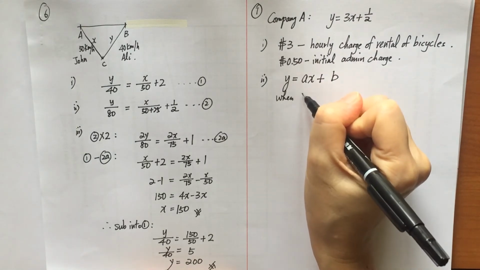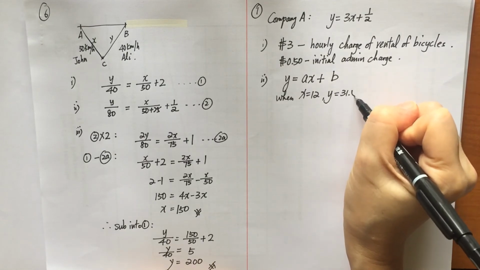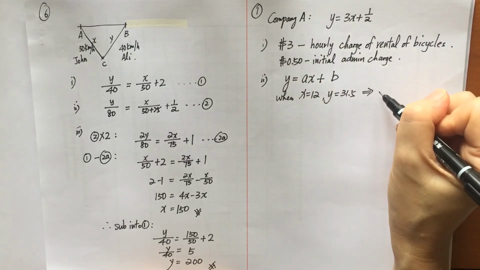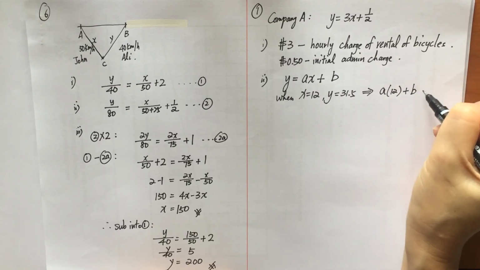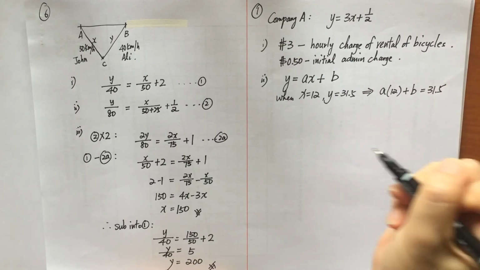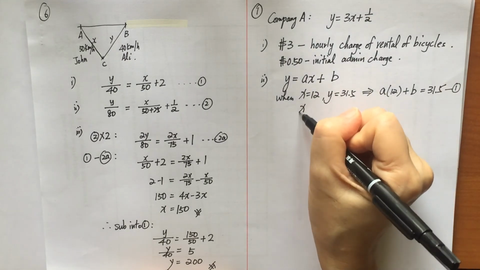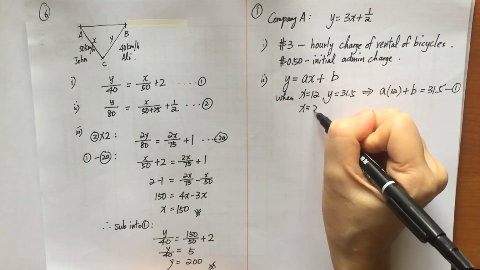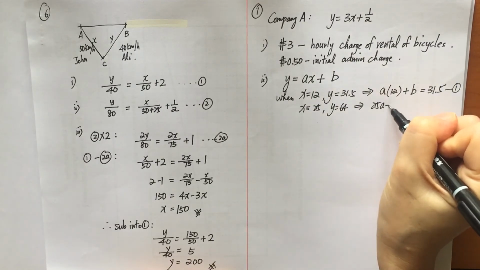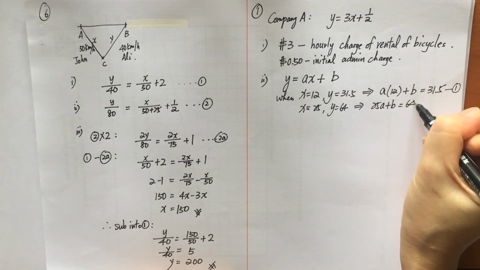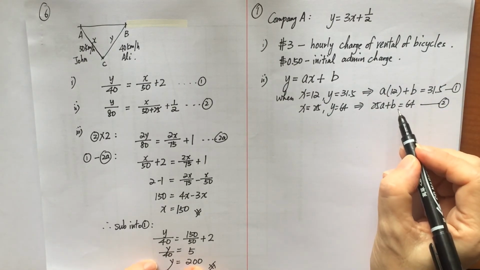When x equals 12, y equals 31.5, so we have 12a plus b equals 31.5. That's equation 1. Second one, when x equals 25, y equals 64, so we have 25a plus b equals 64. This is equation 2. From these two, we are going to find out what a and b are.